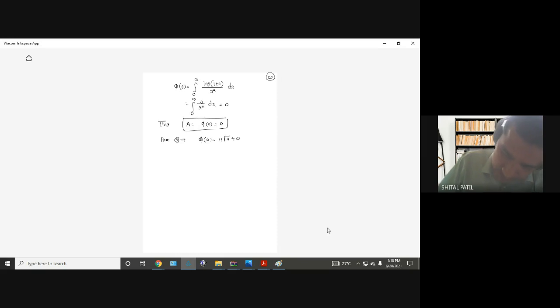Please check this. Is it like this, pi root a? ऐसे ही है ना?